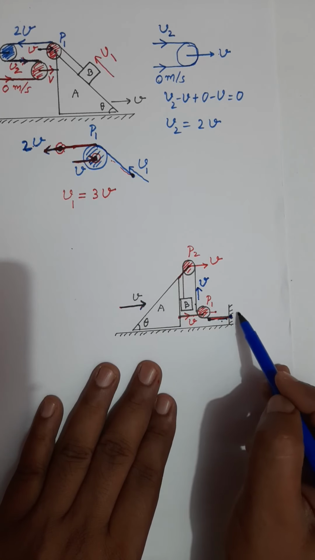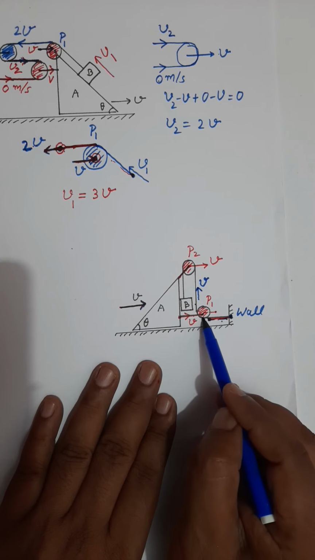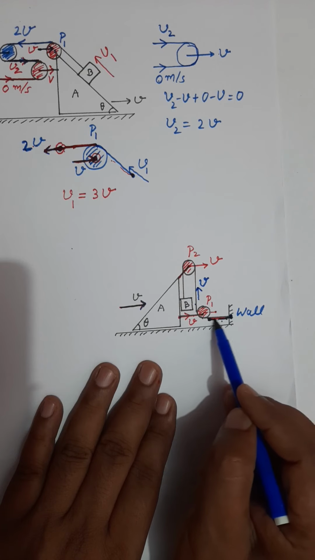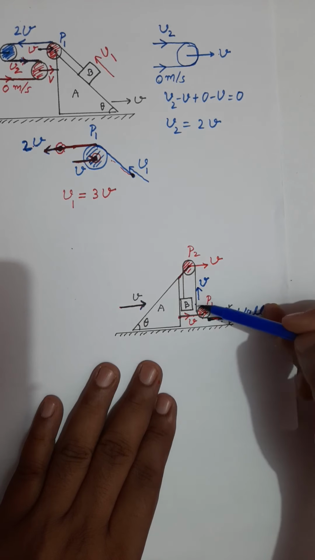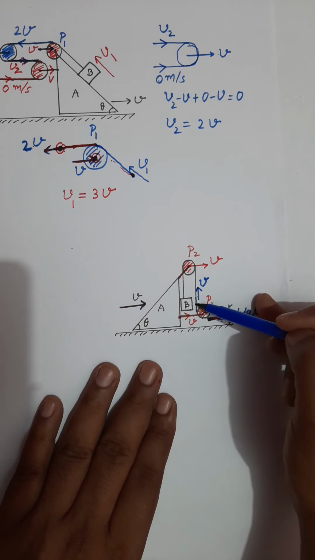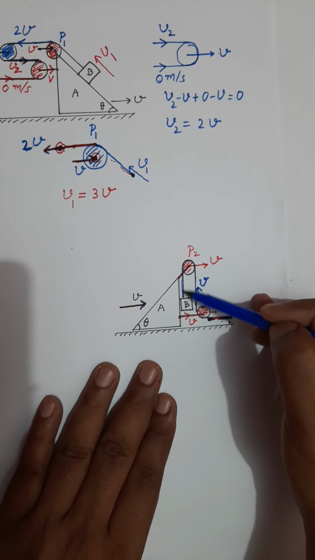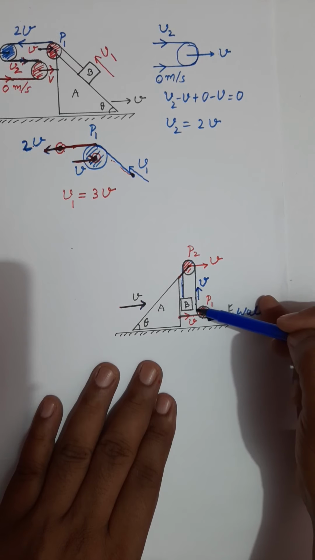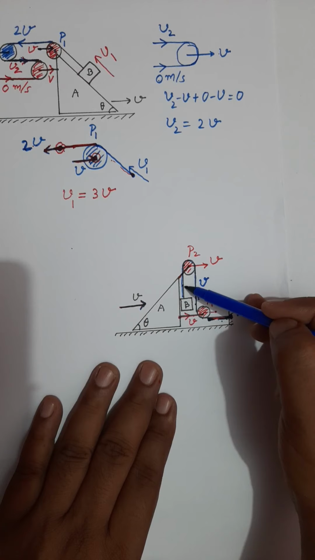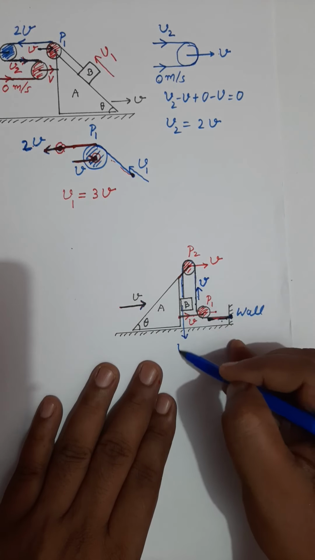Here the point is attached to the wall, so this point is stationary, whereas the pulley is approaching that point, therefore this length is reducing, and if this length reduces, the other side length must increase at the same speed v. If the string goes upward on this side, on the other side the string must move downward, and therefore B will have a velocity v in this downward direction.